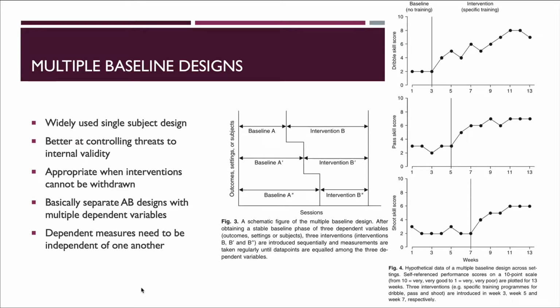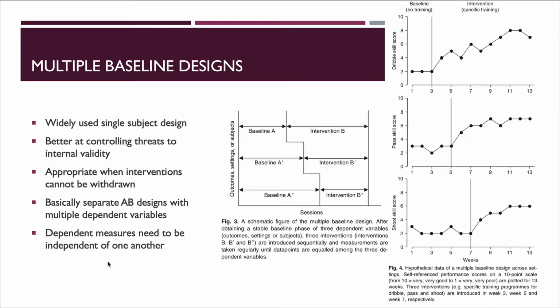A multiple baseline design is a widely used single subject design. It's better at controlling threats to internal validity. It's appropriate when the interventions you're utilizing cannot be withdrawn within your subjects. Basically, it uses separate A-B designs with multiple independent variables, so you would have multiple parts of your intervention that you're going to be applying to the people.